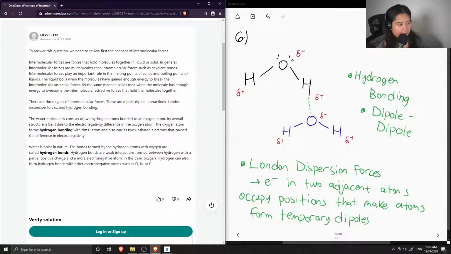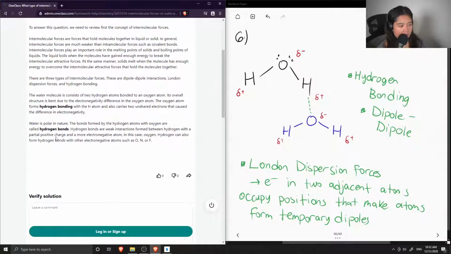The water molecule consists of two hydrogen atoms bonded to an oxygen atom. Its overall structure is bent due to the electronegativity difference in the oxygen atom. Well, it's actually bent because of the lone pairs of oxygen. That's a different story. Anyways, the oxygen atom forms hydrogen bonding with the hydrogen atom and also carries two unshared electrons that cause the difference in electronegativity.